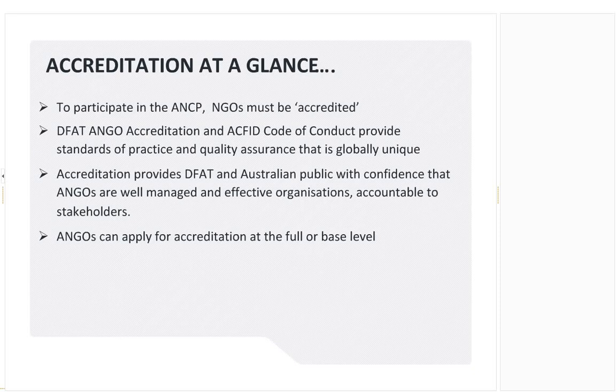With full level organisations, it's $300,000 plus a proportion of the ANCP funding pie based on something that we call recognised development expenditure, which is basically money raised here in Australia and then spent on development projects overseas.